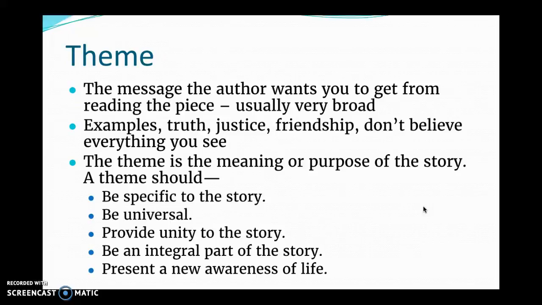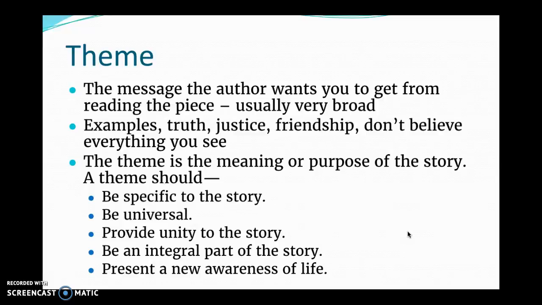And theme, the message of the author. The message the author wants you to get from the reading piece. It's usually very broad. Some examples are truth, justice, friendship, don't believe everything you see. It is normally really easy to pick out a theme of a little children's book if you would like to practice finding a theme.